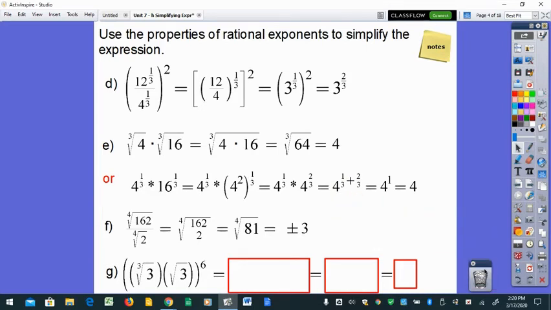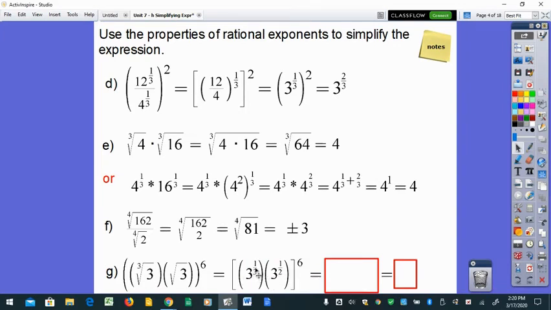Last example on this page, I'm taking a look and seeing what could I do with this. I don't have a common root, so I can't glue these back together. So I'm thinking, what about if I change them to exponents and then use my exponent rules of raising a power to a power?